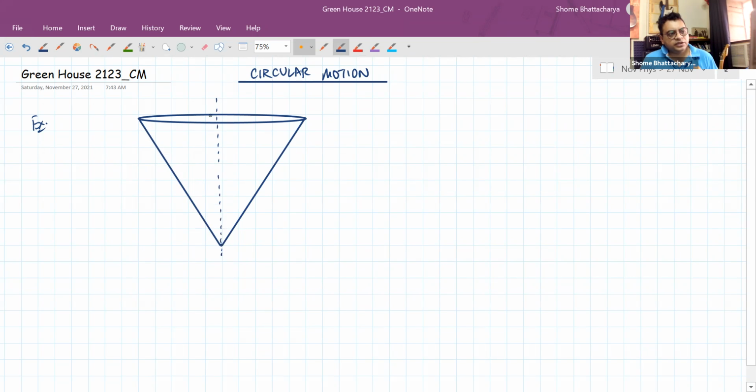So this surface is rotating about its vertical axis at an angular speed omega. And this is a rough surface with a coefficient of friction mu. This radius is capital R here, and this vertical height is h.